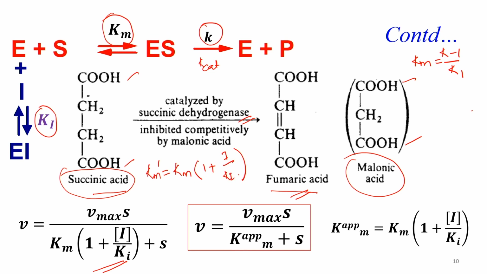If you define this as Km apparent, you can write a similar expression: V equals V max S upon Km apparent plus S, and Km apparent is Km times 1 plus I upon Ki. So, you can say there is no change in the V max and Km has increased. This value is higher than the Km.